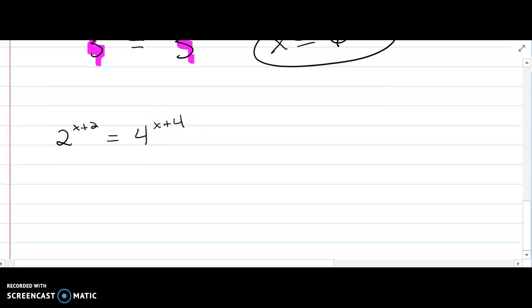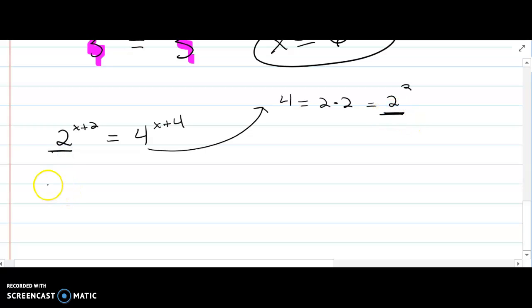Okay, so I see this one, and shoot, the bases are not the same. Okay, well, the next thing I ask myself, can I make them the same? Let's think about this. 4 can be rewritten as 2 times 2, which is 2 to the second. Well, now I can get these bases to be the same.